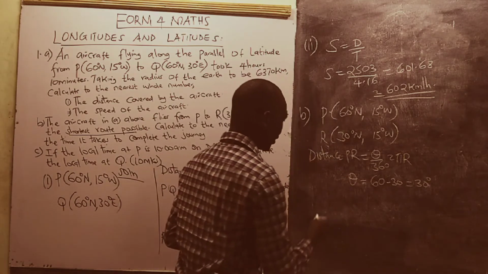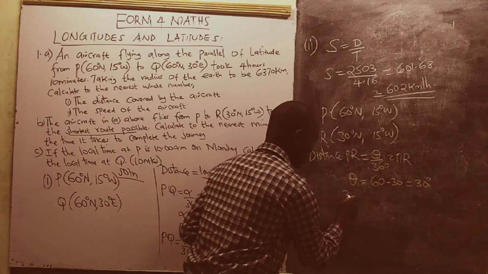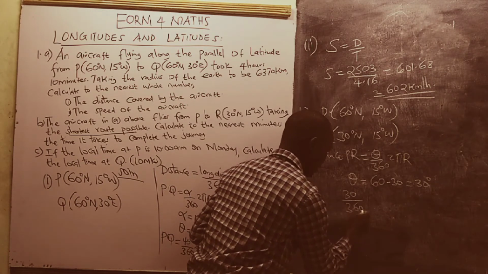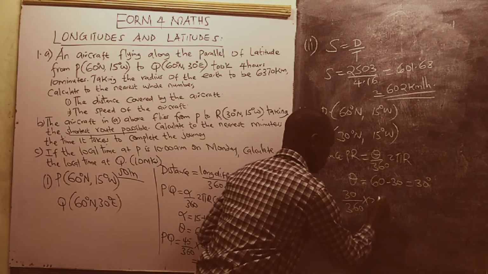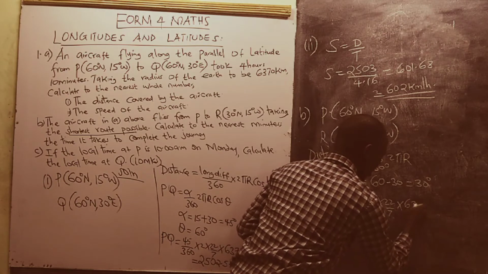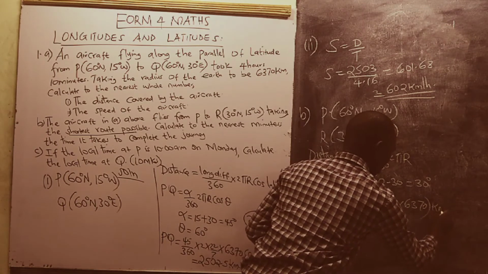And therefore now, to get our distance, we are going to take our theta, which is 30 degrees, divided by 360. We multiply by 2 times 22 over 7 times 6370, and this one is going to be in kilometers.